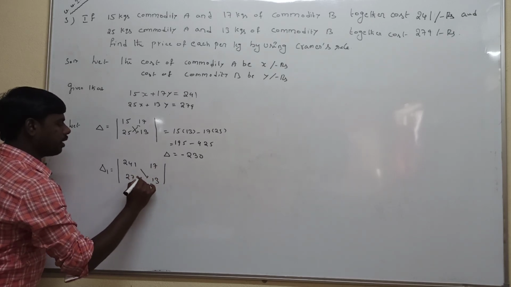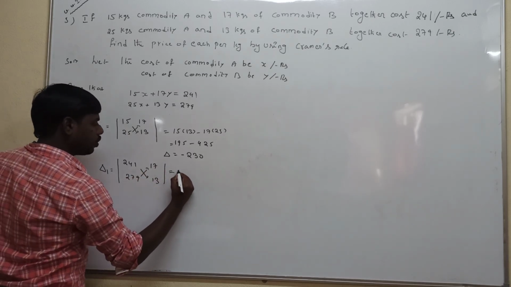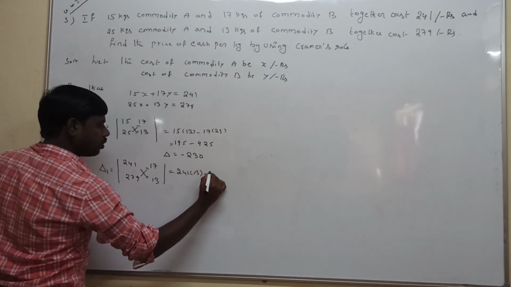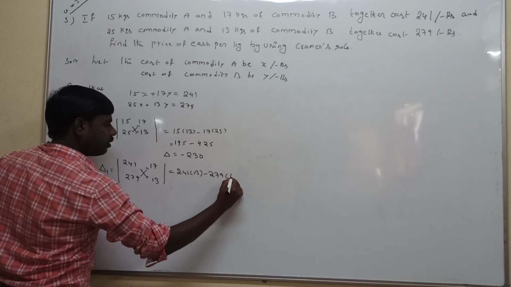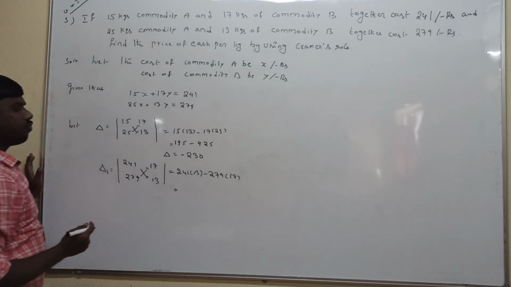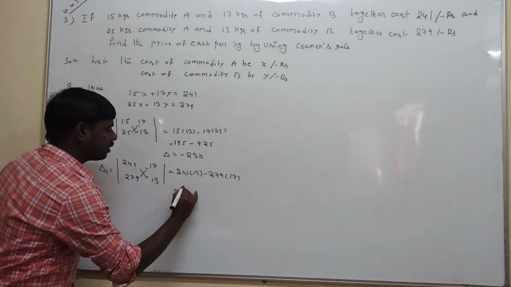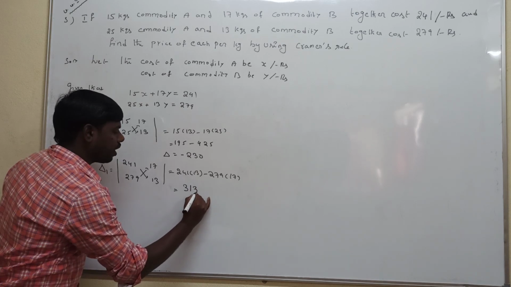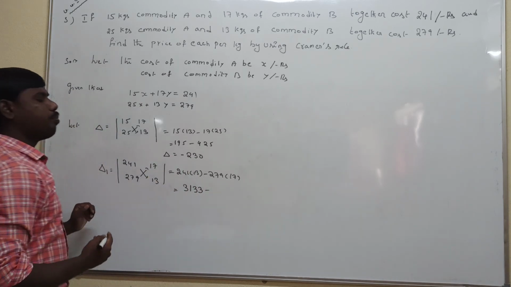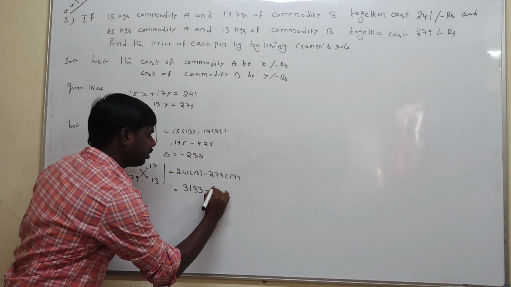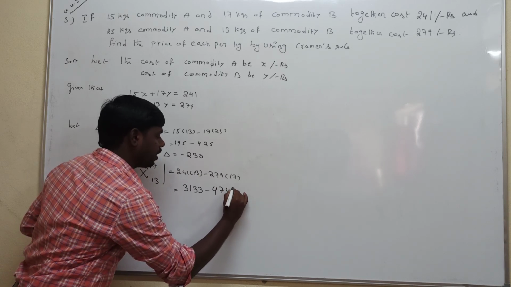Applying cross multiplication: 241 into 13 minus 279 into 17. 241 into 13 is 3133, and 279 into 17 is 4743.